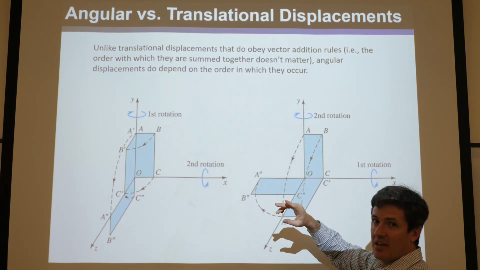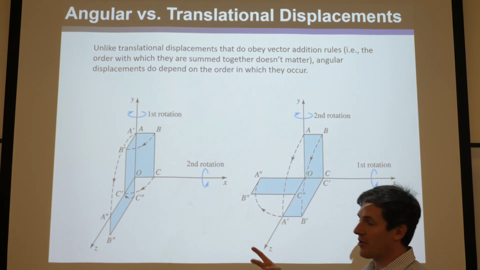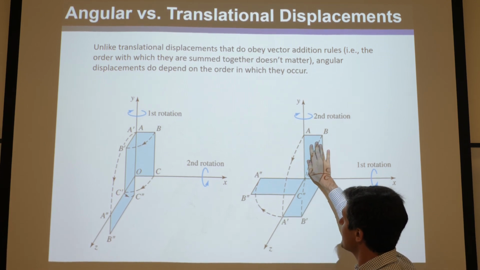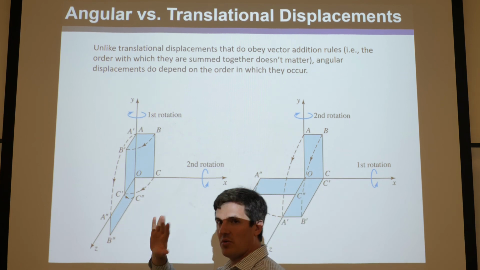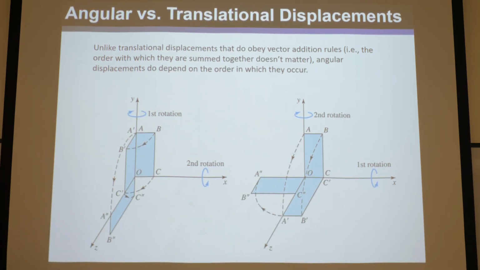We rotated about the same two axes, just in a different order, and we started in the same position, but we ended in totally different positions. So rotations don't behave like translations in that regard, okay? So it's something you should definitely know.